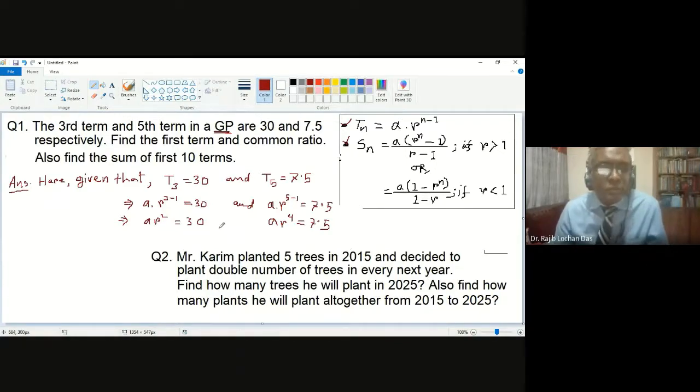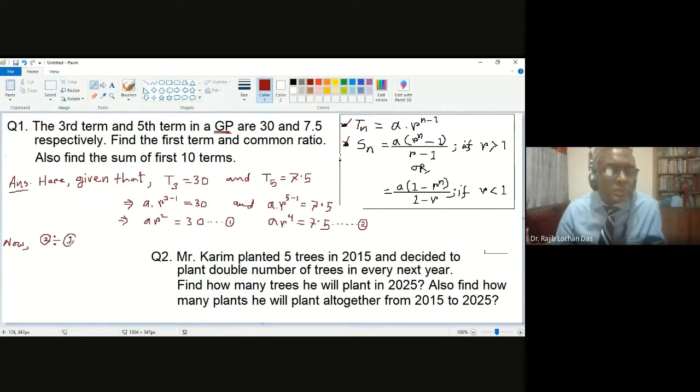This is very simple. This is your equation number 1 and this is your equation number 2. So you can divide 2 by 1. Divide equation number 2 by 1. So what will happen?